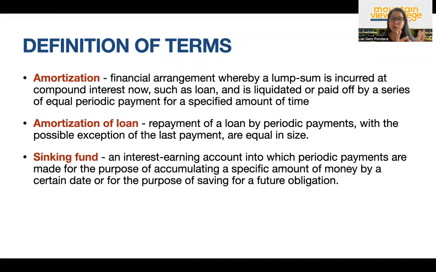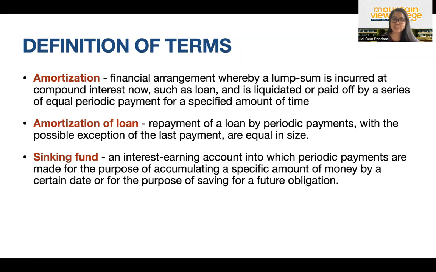That loan will be paid off with a series of equal periodic payments, like for example, $599 per month for 12 months. That arrangement is called amortization.